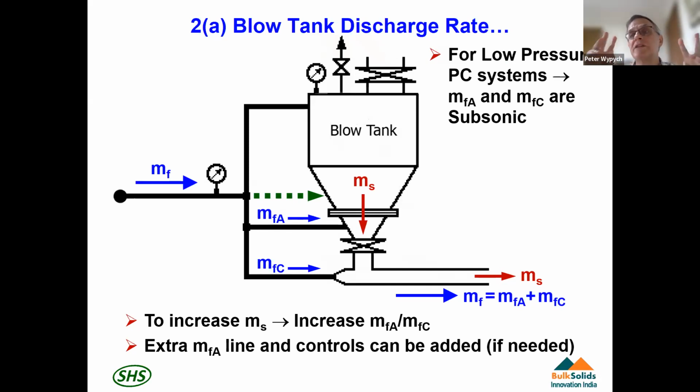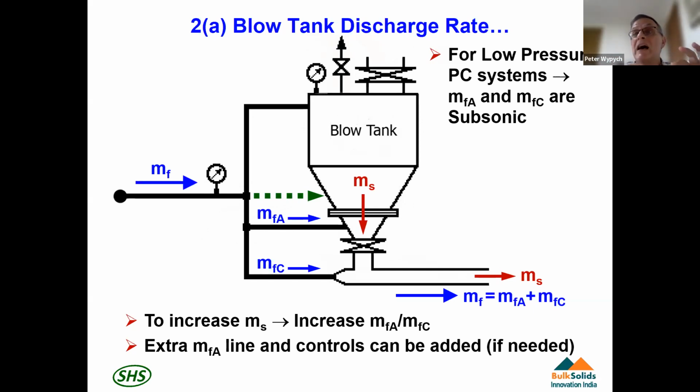But as a result of using these low pressure systems, these airflows I've shown you here, MFA, MFC, MF, etc., are all subsonic airflows. What that means is, if you know anything about fluid mechanics, you only need to change the resistance somewhere in each of those lines, and the airflow will change quite easily.